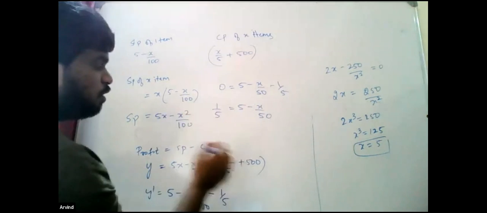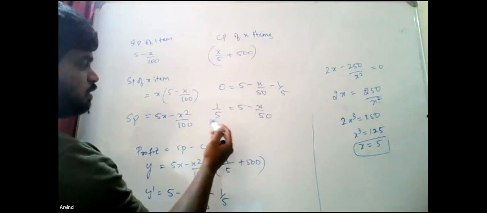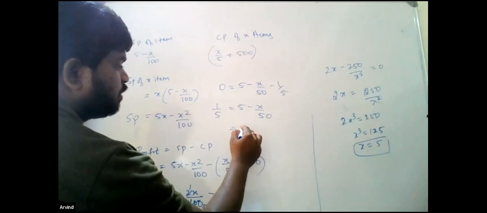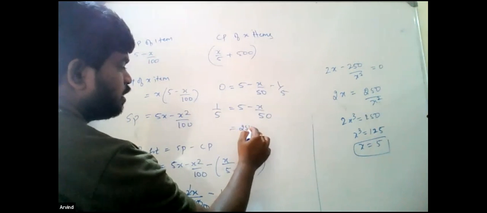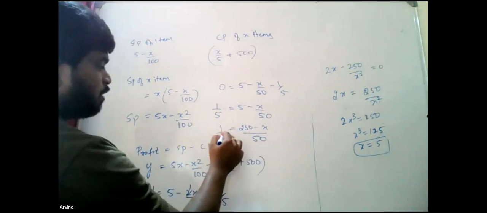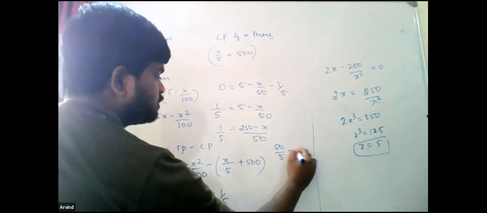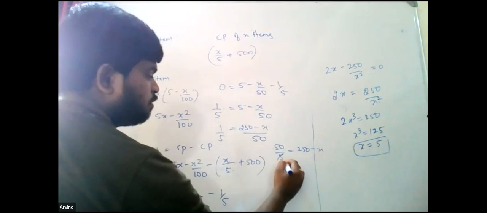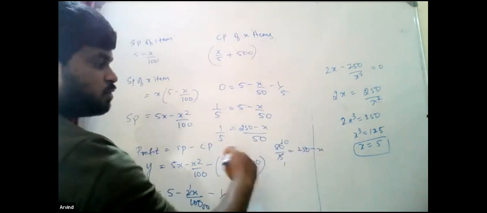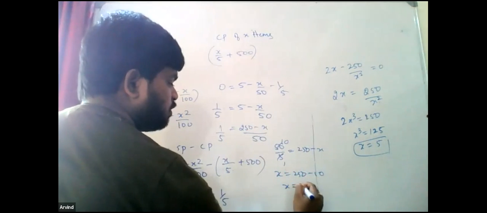Multiply by 5 throughout, or take the LCM and solve it. If you take the LCM, 5 fives are 25, so 250 minus x by 50. Cross multiply, you get 50 by 5 is equal to 250 minus x. 5 tens are 50, so 10. Change it: x is equal to 250 minus 10. Therefore, x is equal to 240.